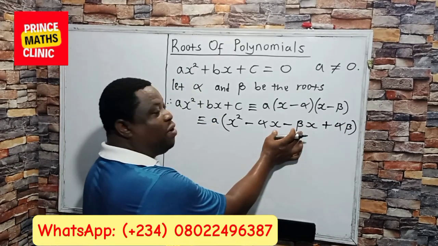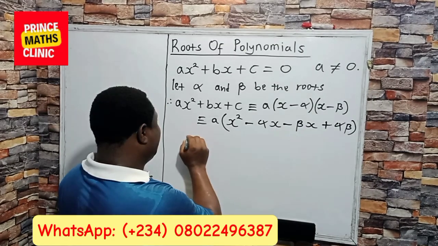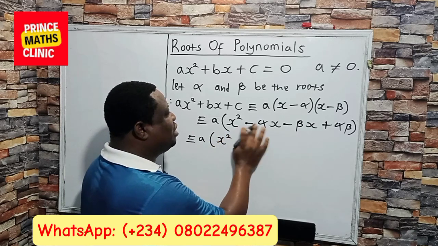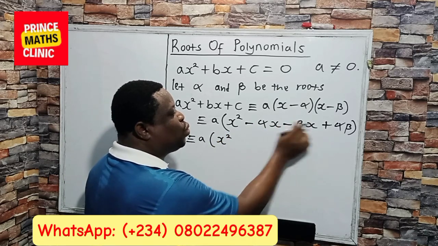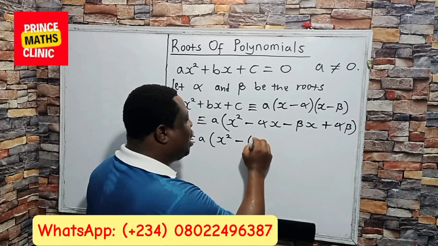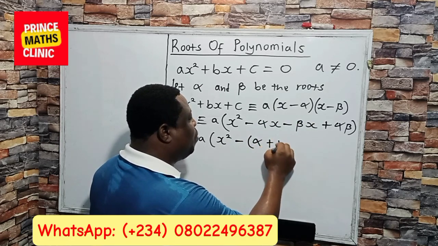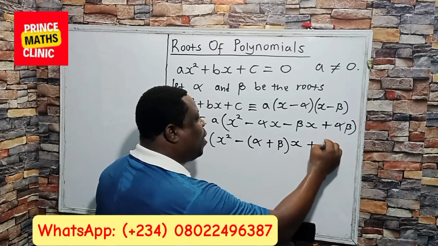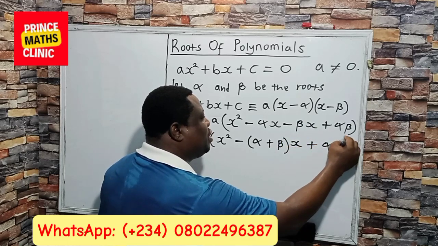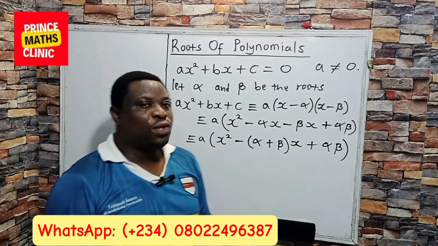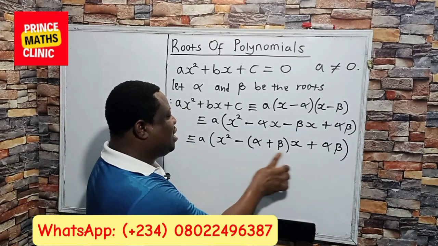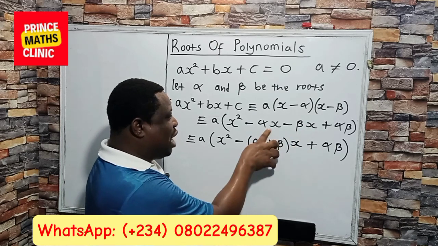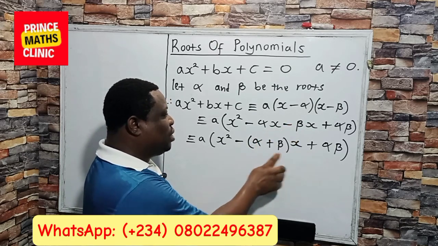But before then, I want to simplify this. So this will be equivalent to a into x squared, then since x is common, I'll say minus alpha plus beta, all have x in common, then plus alpha times beta. Good. So convince yourself that this is the same as this. Minus alpha x, that is what I have here, then minus beta x.